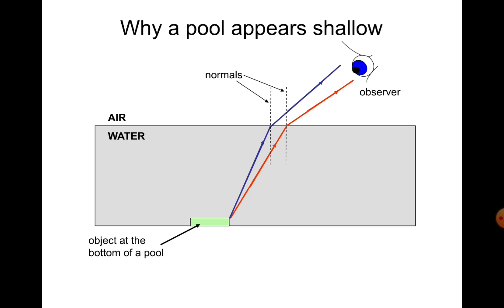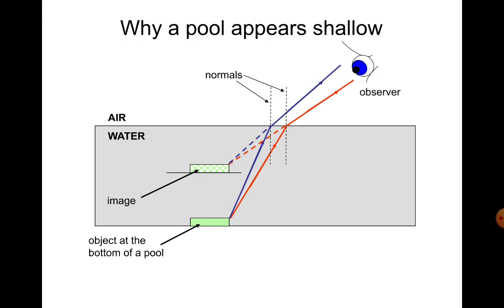Where do you think we see with our eyes the object at the bottom of the pool? Exactly, that's where we will see it. So we will see an image that is actually much shallower than the actual object. This is a clear example.